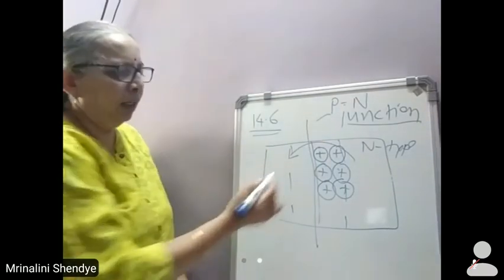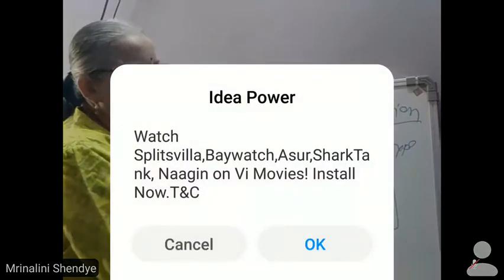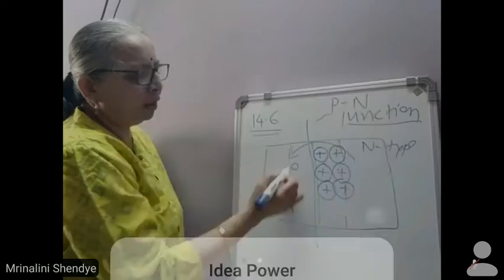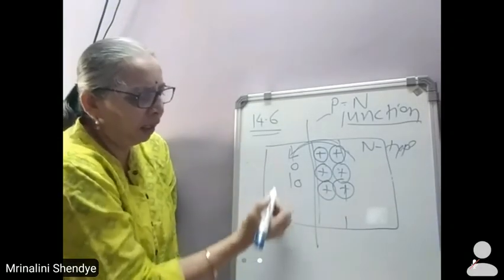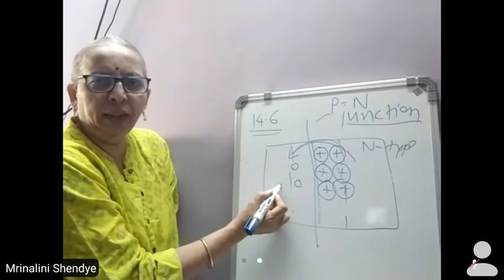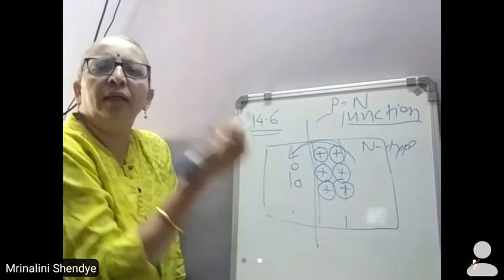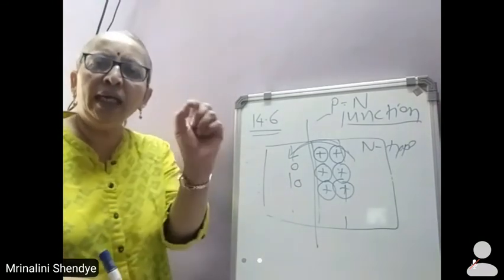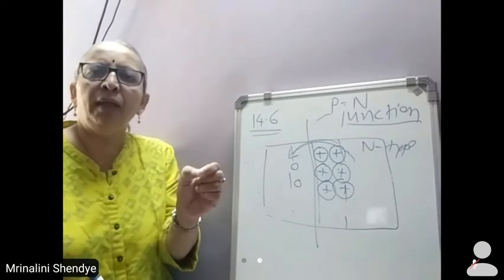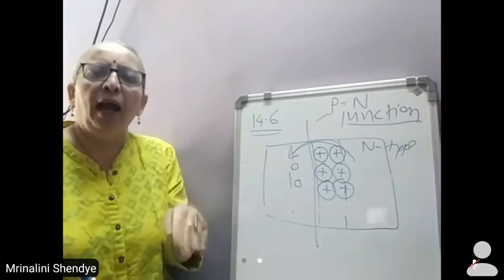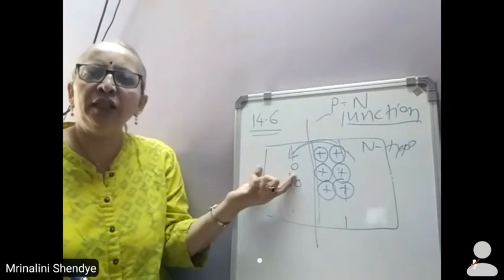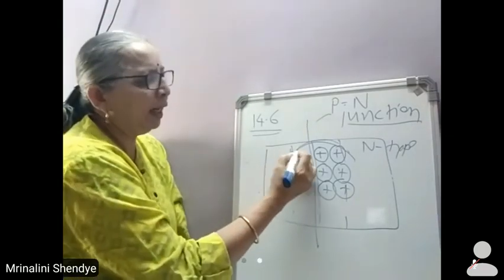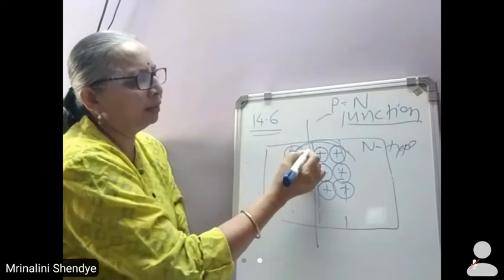Similarly here, these are the holes. These electrons recombine with holes, and when they recombine with holes, earlier it was electrically neutral, but this time, gaining the electron, each acceptor atom becomes an ion, and with addition of negative charges, there is formation of negative acceptor ions.